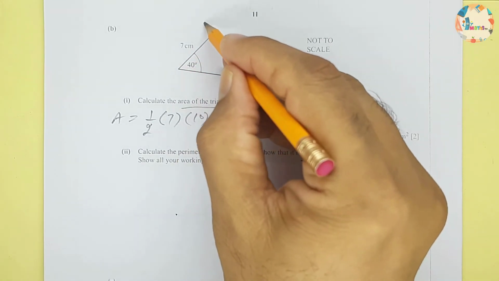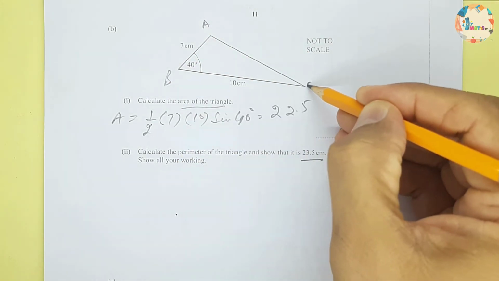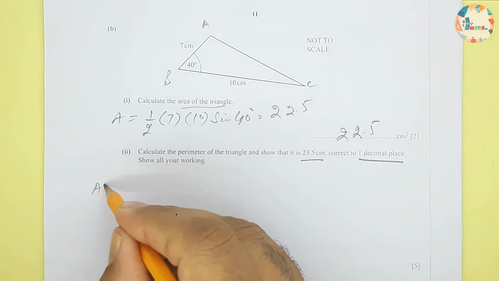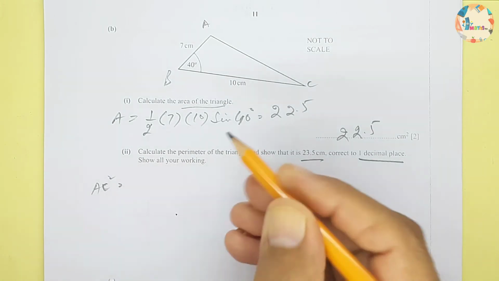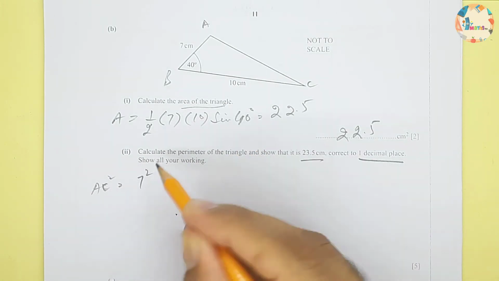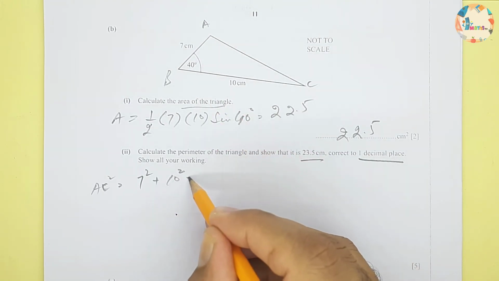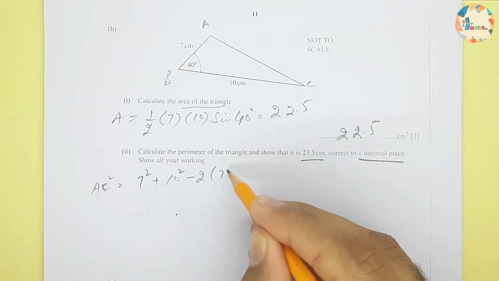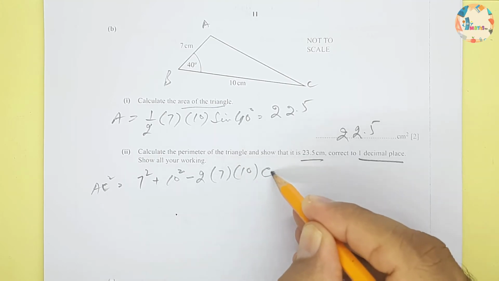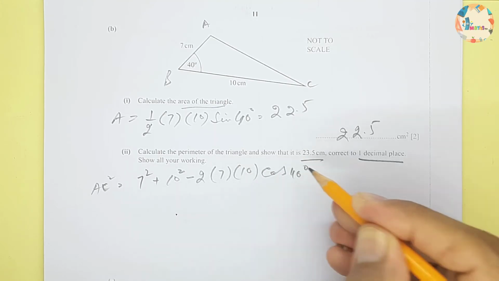So if this is ABC, we can write AC squared is equal to 7 squared, this side squared, plus 10 squared, minus 2 into 7 into 10 into cos of 40 degrees.